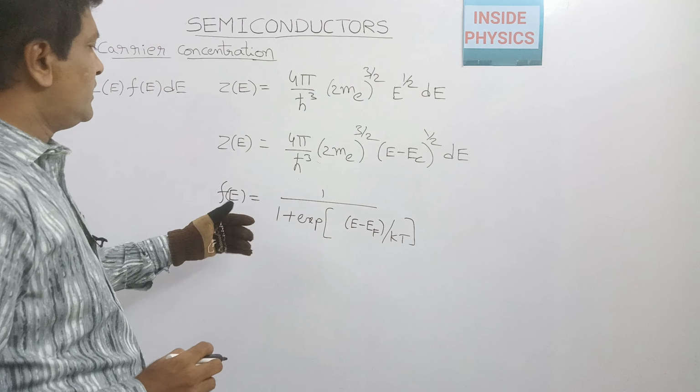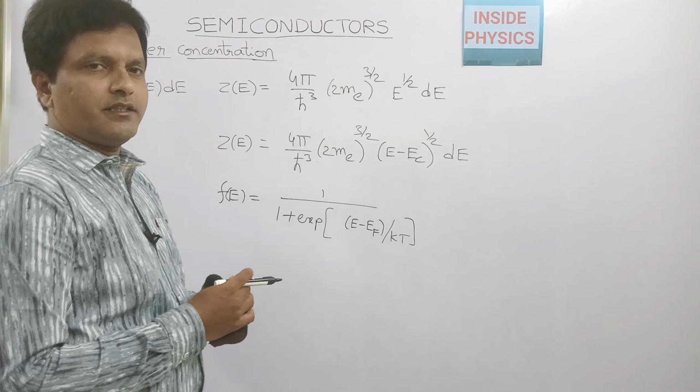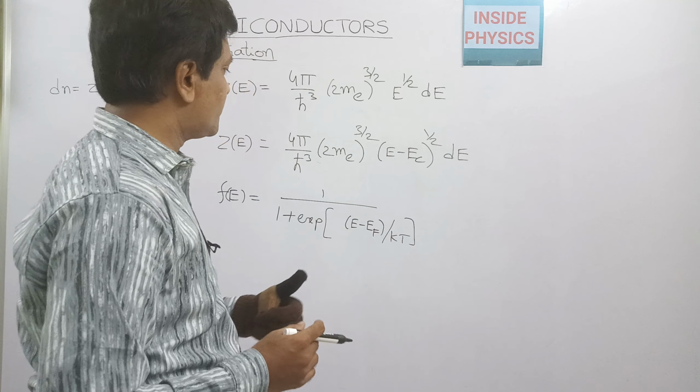So this is the mathematical form of the probability of finding the electron in the conduction band.